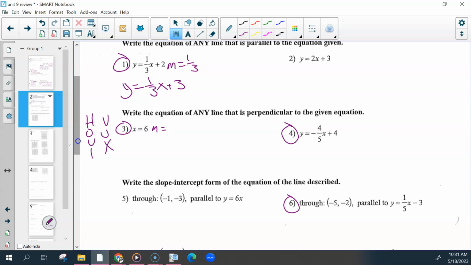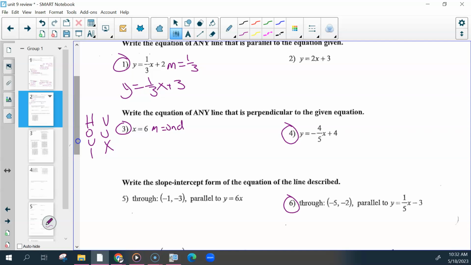What would the slope of a vertical line be? What does the U stand for? You get a problem with this, you'll need to know what it means. What type of slope does a vertical line have? What does that U stand for? Undefined.